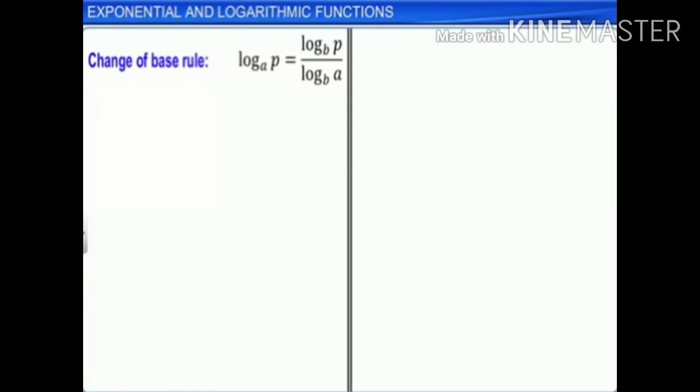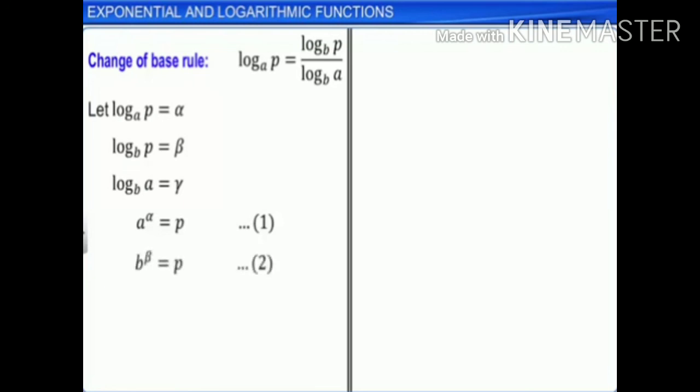Let log p to base a be alpha, log p to base b be beta, and log a to base b be gamma. This implies that a raised to the power alpha is equal to p, b raised to the power beta is equal to p, and b raised to the power gamma is equal to a.